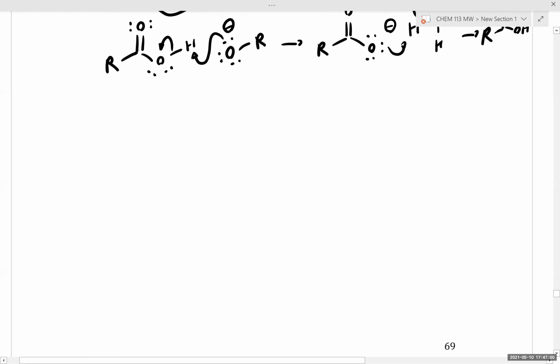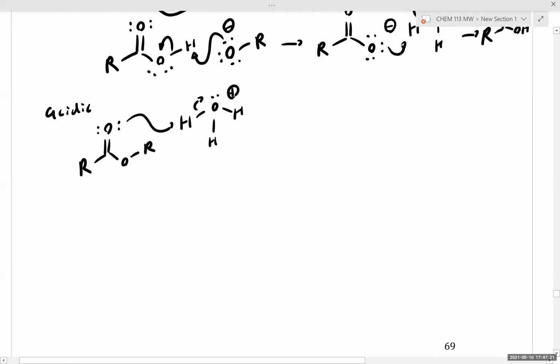Okay, so let's keep going and let's now look at the acidic mechanism for hydrolysis. As we're under acidic conditions, the first thing that's going to happen before anything else is that we're going to protonate our carbonyl oxygen.